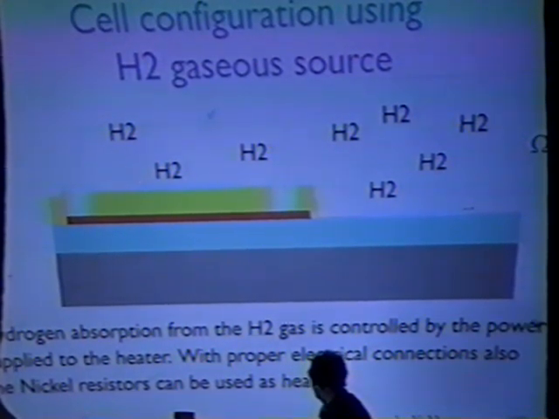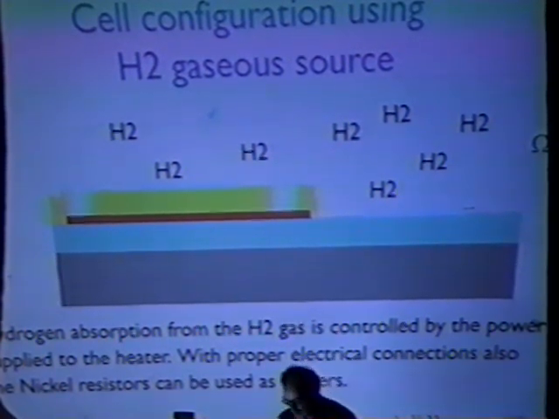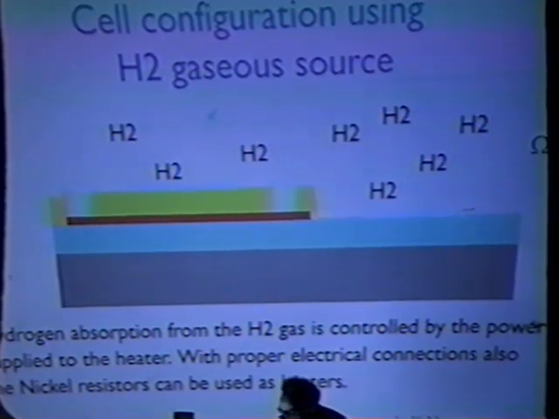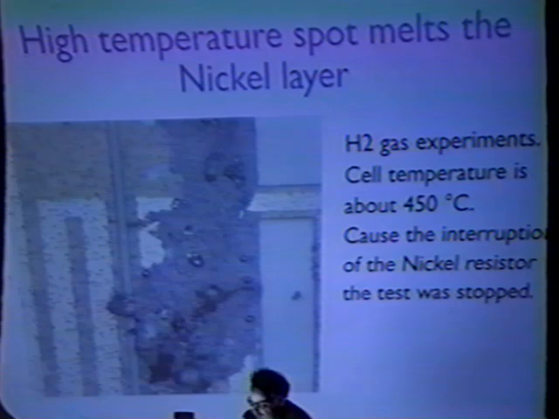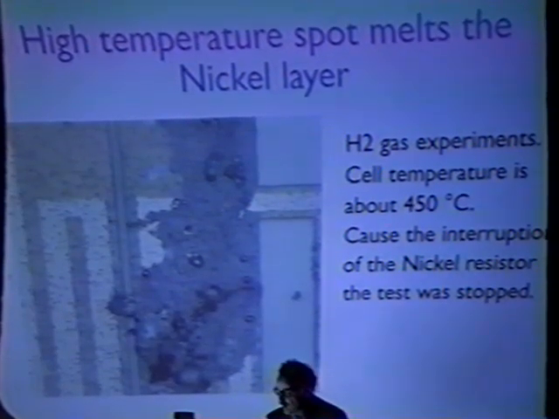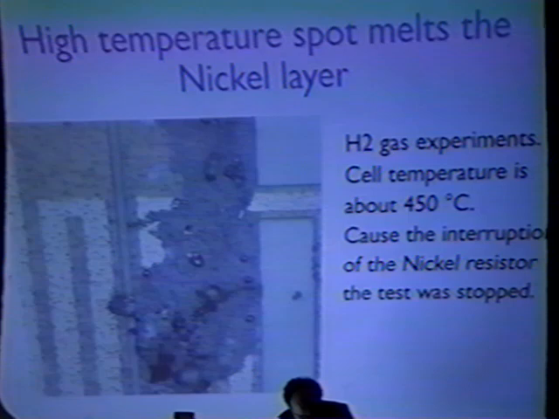But, okay, with this configuration, I could stress, in this case, both the reference resistor and the sample and the cell. And after many experiments, I destroyed all the cells that I stressed. And also in this case, I could see many hot spots due to rising of temperature and melting of this nickel cell.